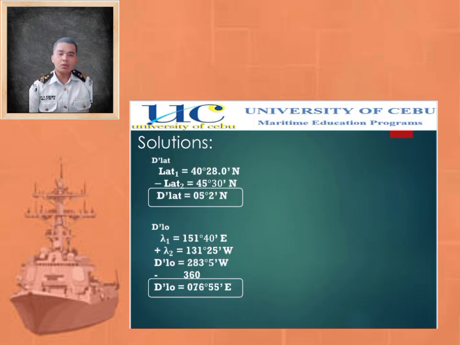So first thing to do is to find the DLAT and D-long. In here, our latitude 1 is 40 degrees 28 minutes north, and our latitude 2 is 45 degrees 30 minutes north.